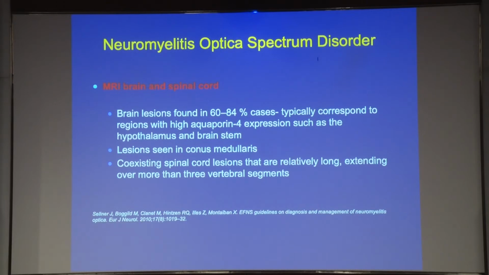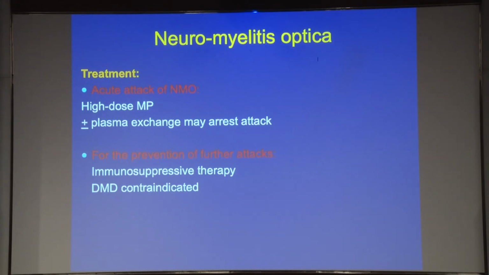You more often than not see a totally different set of lesions, in the hypothalamus and the brainstem. If you have involvement of these areas on the MRI, you start thinking of NMO, and it's very important to think of this early because your management starts becoming different. Your initial management remains the same.